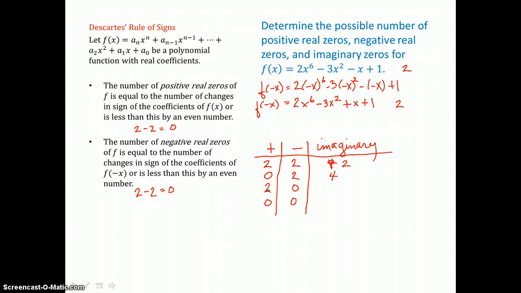I need 6 zeros altogether for this function of the 6th degree. 2 positive, 0 negative, that's going to mean 4 imaginary. And here, 0 positive, 0 negative, I'm going to need all 6 of my zeros imaginary. So those would be all the possible number of positive real zeros, negative real zeros, and imaginary zeros for that function of the 6th degree.